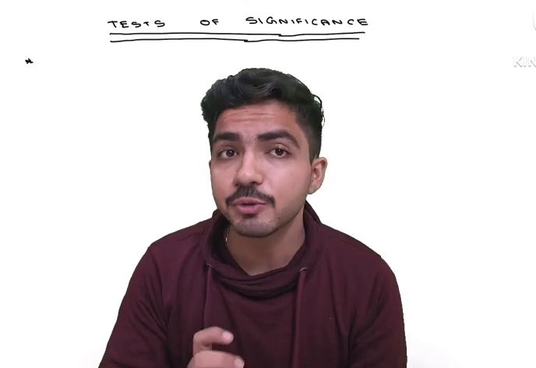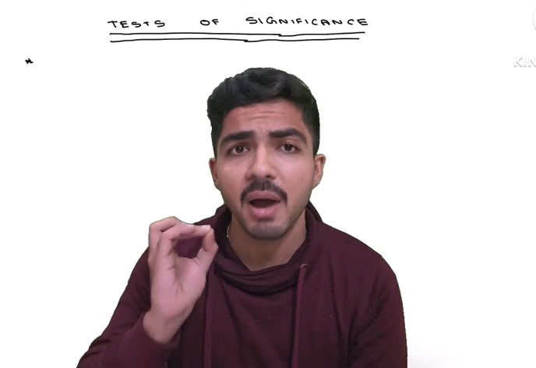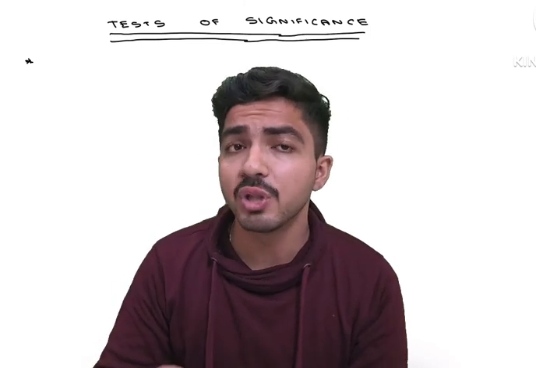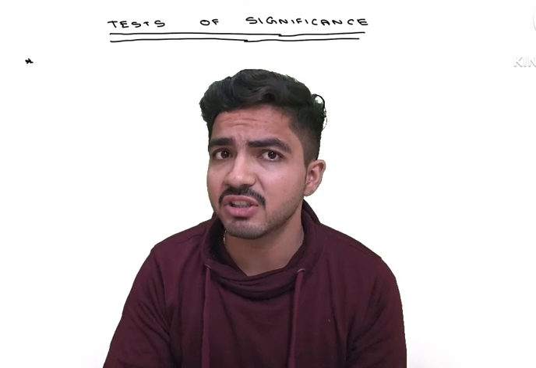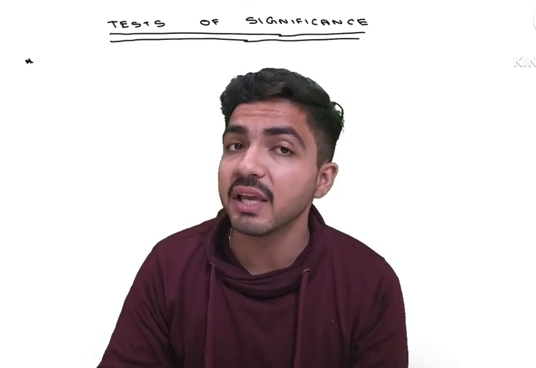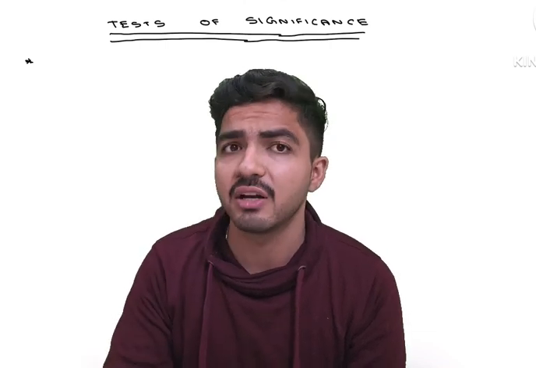But in this process, I have to keep in mind the concept of p-value. I have told you that if the p-value is less than 0.05, then only I can say that my results are statistically significant.